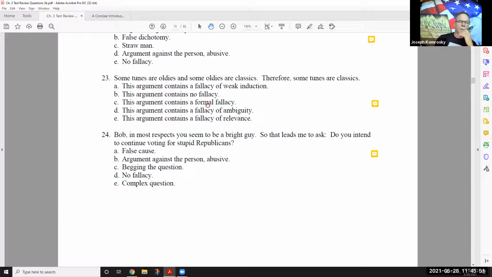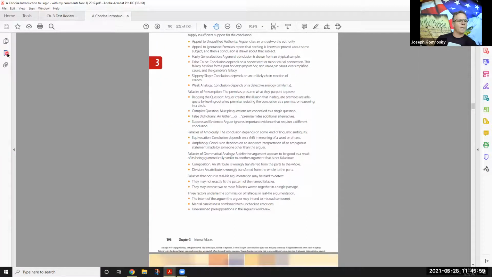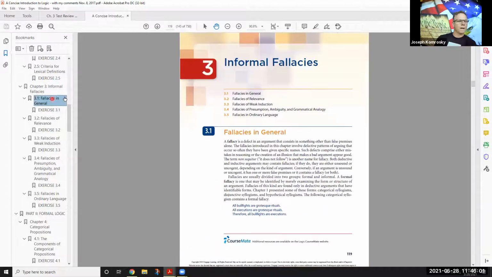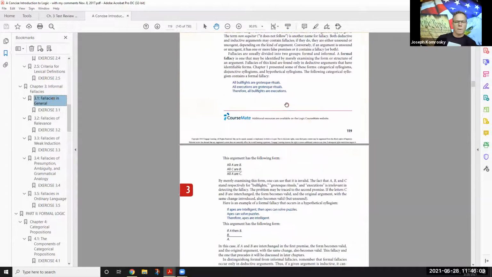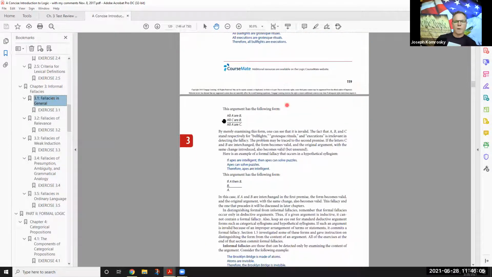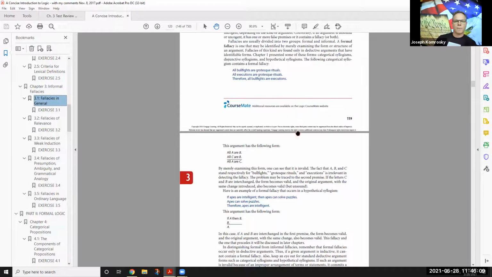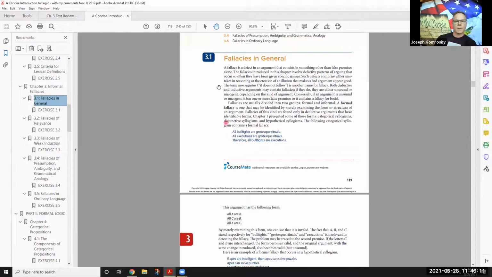So this is formal. And for review on this, you could simply go back to your MindTap reading, but I'm just going to quickly go there, fallacies in general. And you will see right up here, all A or B, all C or B, all A or C. Just look at this example and this example up here, and you'll see why it's formal. It has a certain structure to it.